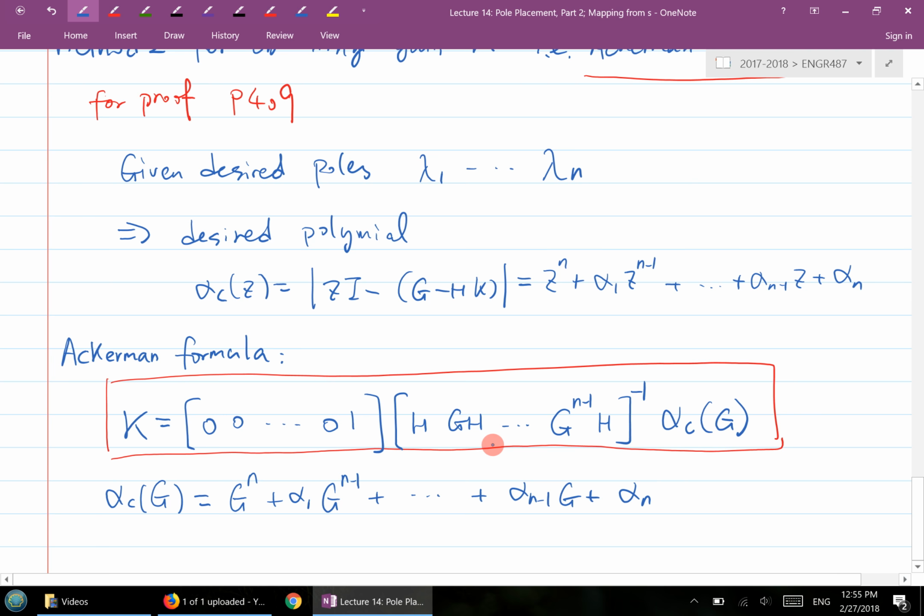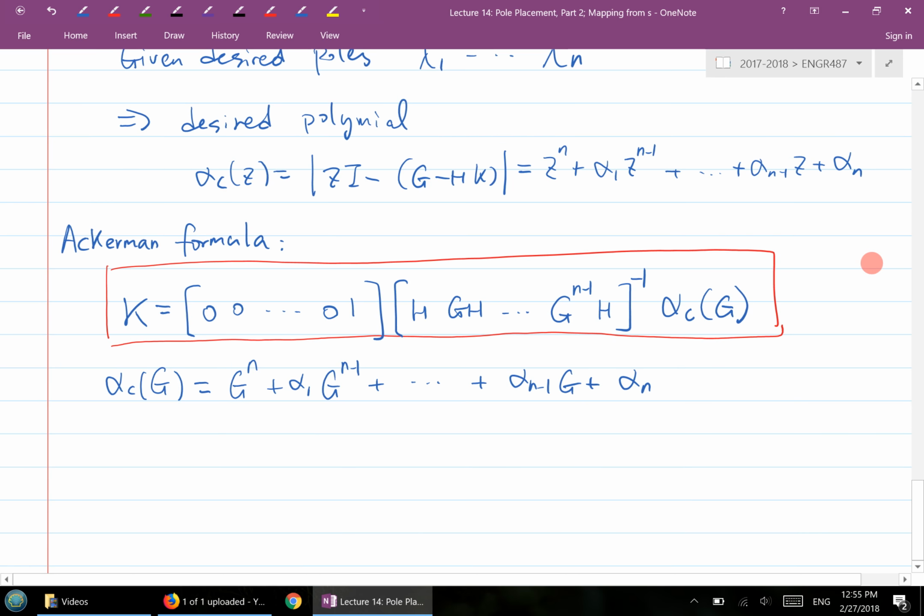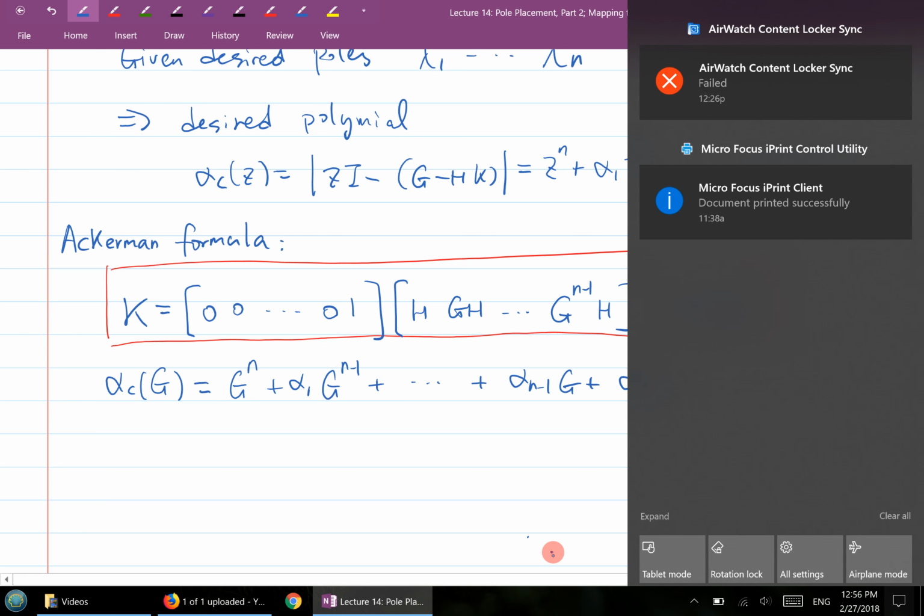So I'll give you an example. Actually, you don't really need an example. This is so straightforward. So let me see. Maybe I have an example here. Otherwise, we don't have to. Yes, you need to.